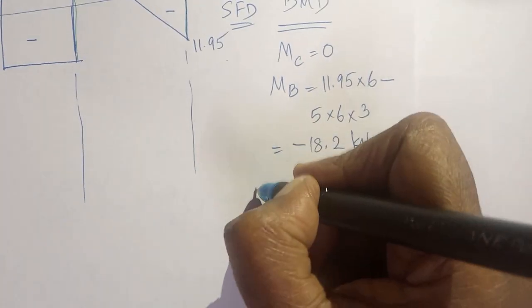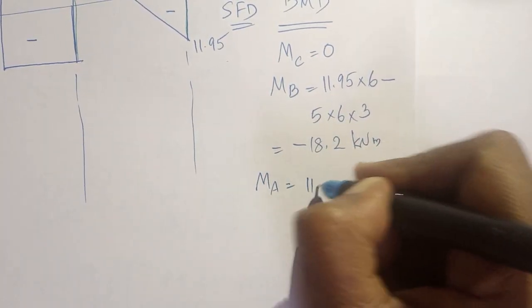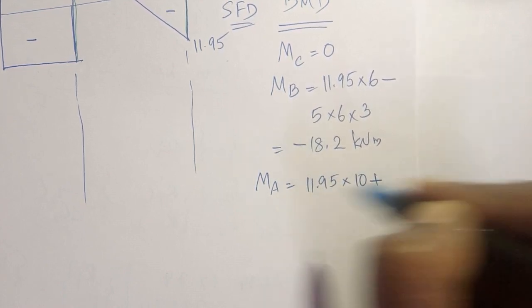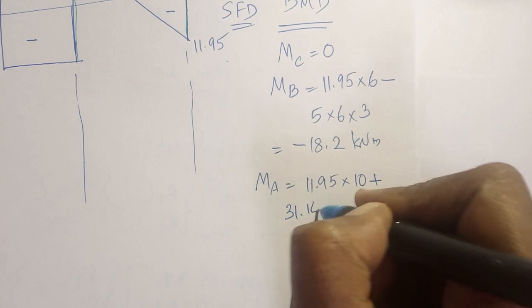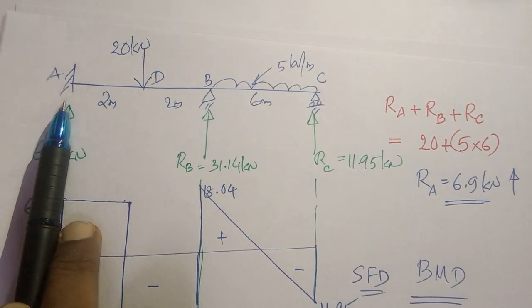Then moment at A. Moment at A will be 11.95 into 10 plus 31.14 into 4. That is the moment due to this reaction about this point.